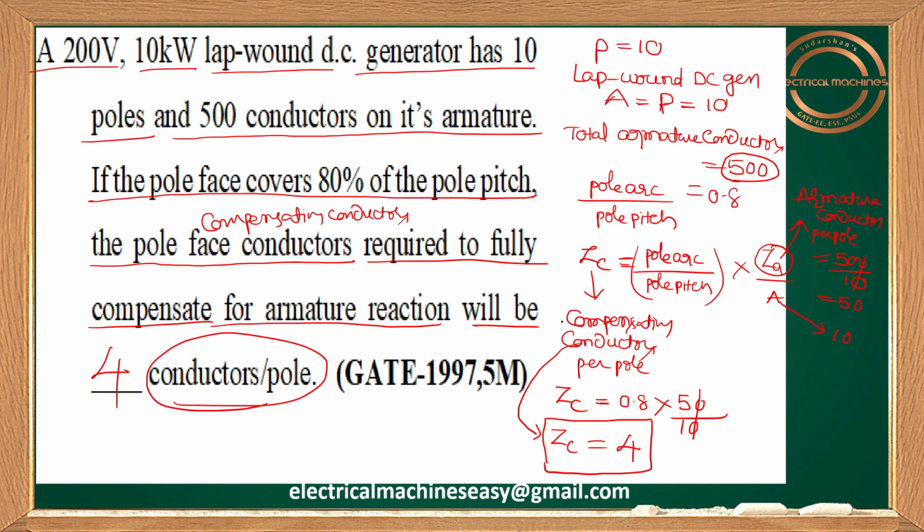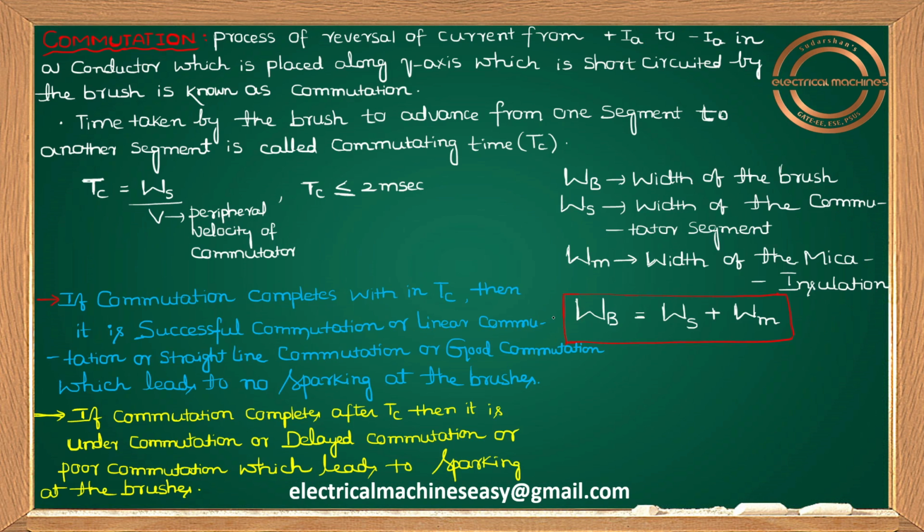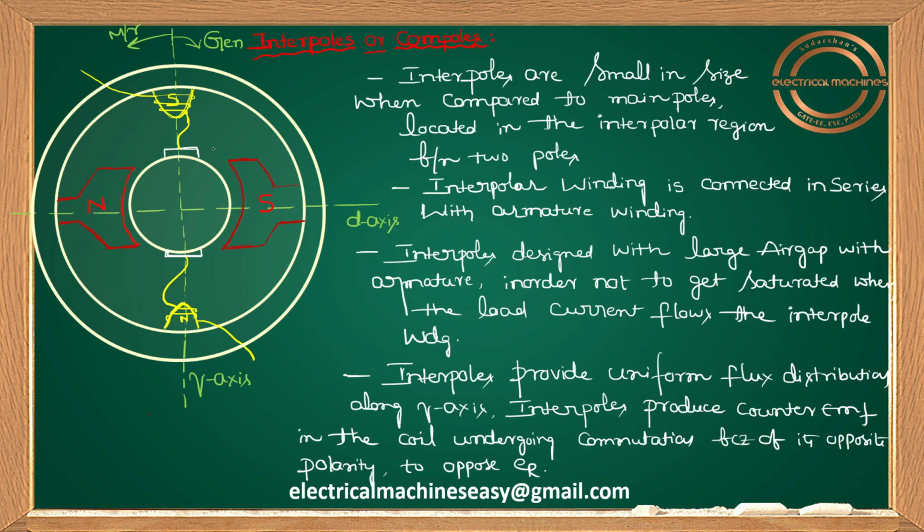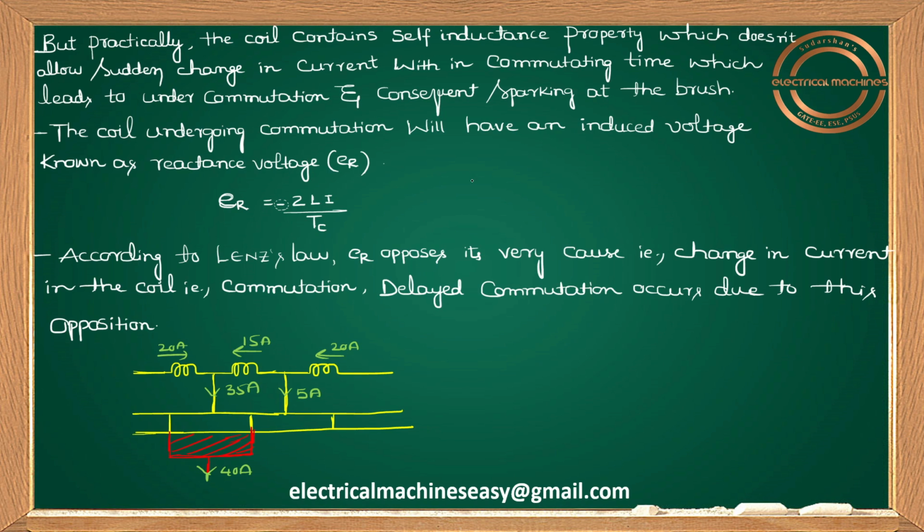Okay, guys. Now in the next session, I'll discuss the commutation topic, because if you want to explain the interpole, first of all, interpoles are used to reduce sparking of the brushes. First of all, you should know why we are getting spark with the brushes. That means for explaining why you are getting spark with the brushes, I should explain commutation. To be frank, because of under commutation, because of poor commutation, we get spark with the brushes.